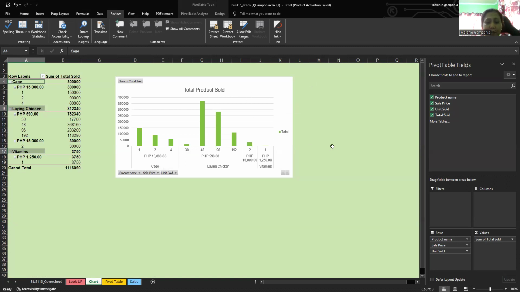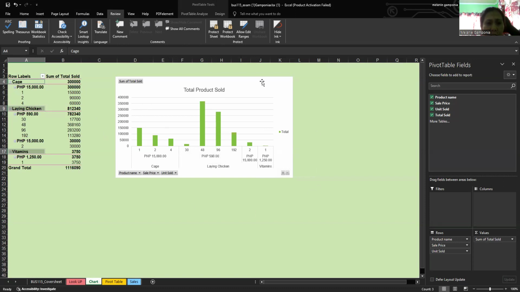So I used a chart for this. What I see in this chart is that laying chicken has the most sales. And then the vitamins: there are few customers who buy vitamins and cages.